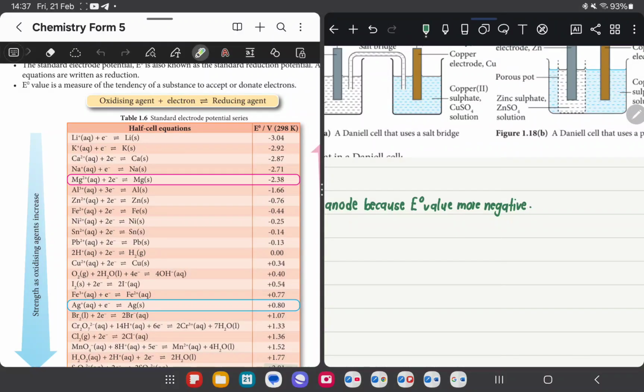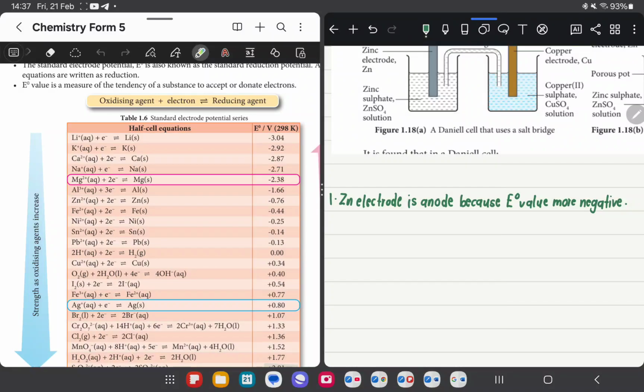So you say zinc electrode is your anode. What process occurs there? At the anode it is always oxidation. That's why I told you this mnemonic: An Ox, Red Cat. AN, anode, OX, oxidation. So at the anode it is always oxidation, so you can say oxidation occurs.